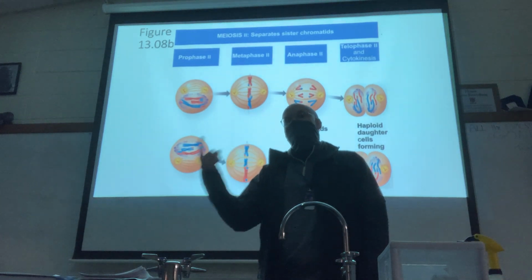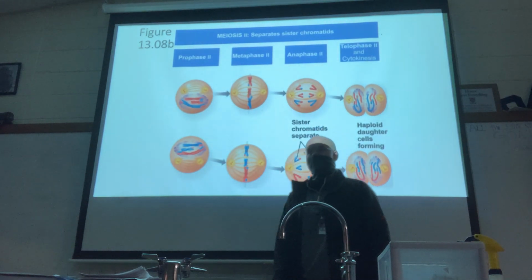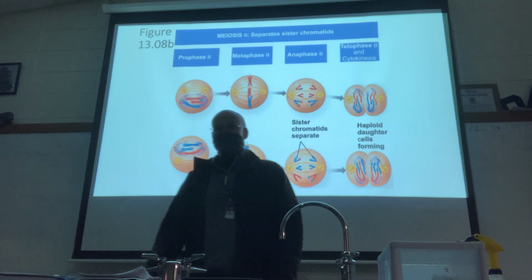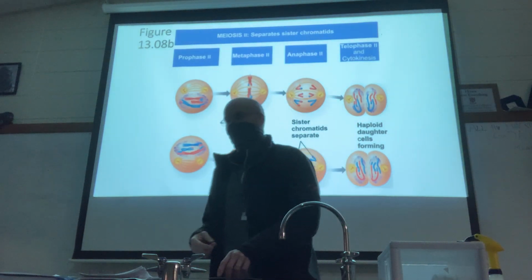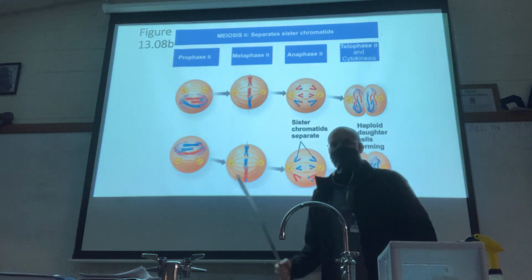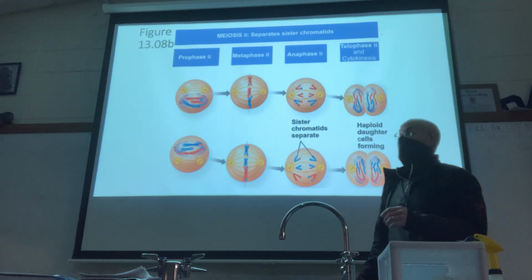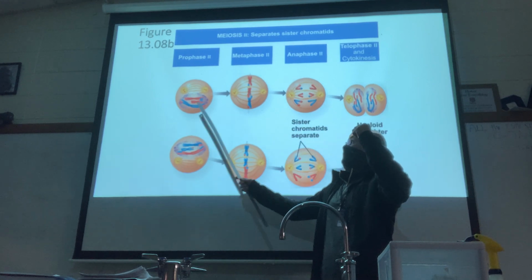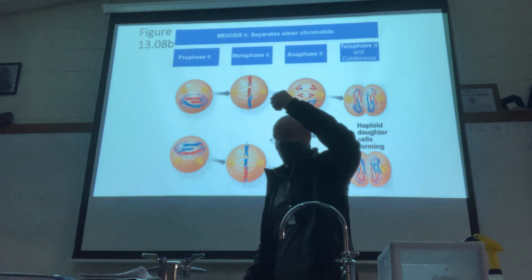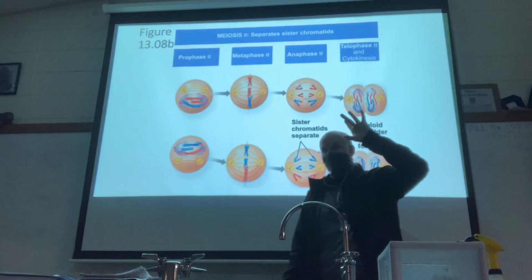Spindle fibers show back up, and the nucleus is going to break down. But that's about it. Oh, and the chromosomes become shorter and thicker. Does that happen in prophase 1 too? That happens in prophase 1 as well. Yes, the chromosomes become shorter and thicker.